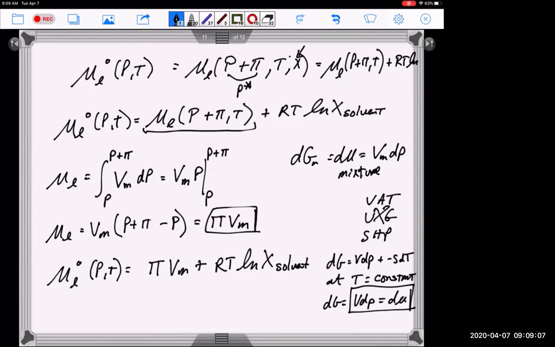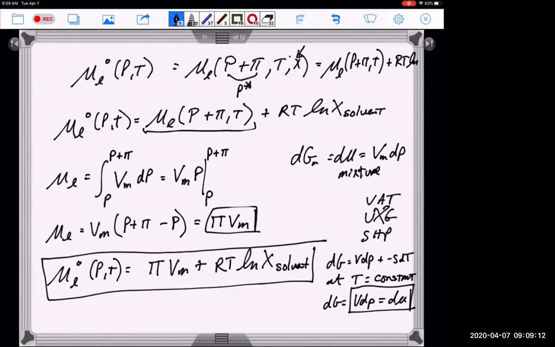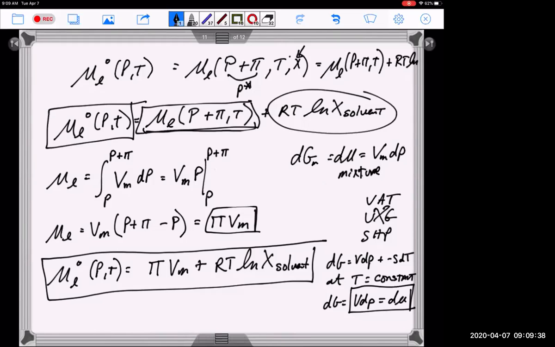No questions? Okay, so then we have this term. And now what we can do is put in mu liquid and mu naught, and the difference between the two is going to be equal to RT ln of X solvent.